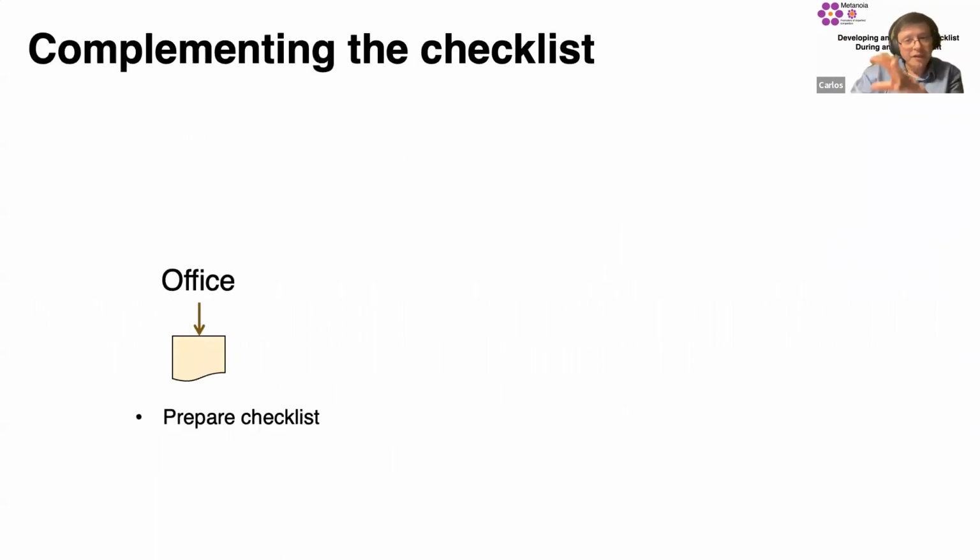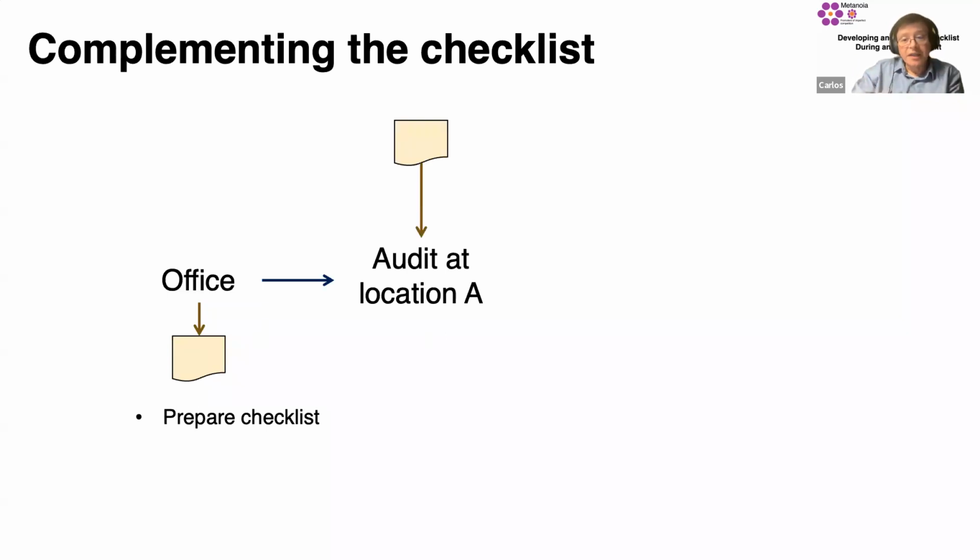Before the audit, at the office, the auditor prepares the checklist. Then, during the audit, the auditor uses the checklist. So during the audit, the auditor does not repeat exactly the questions of the checklist, okay? So the questions of the checklist are a reminder for the auditor. During the audit, the auditor must consider the person in front of him or her and what was learned in the audit until that moment.